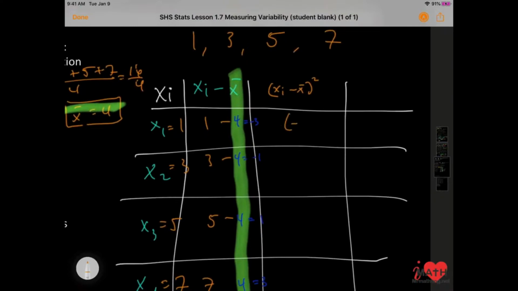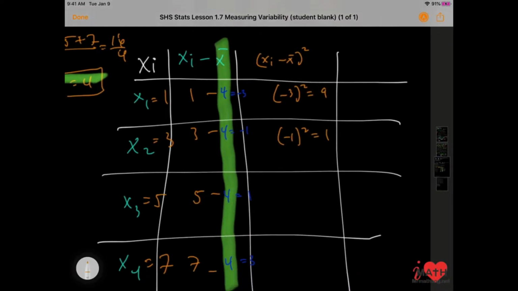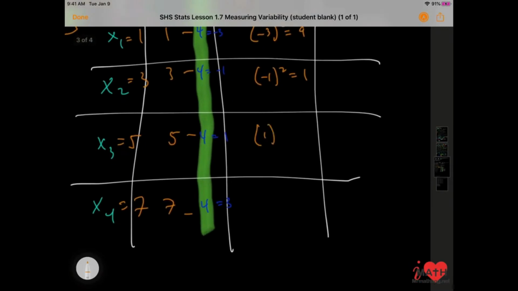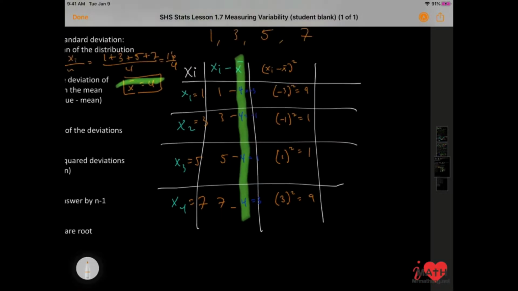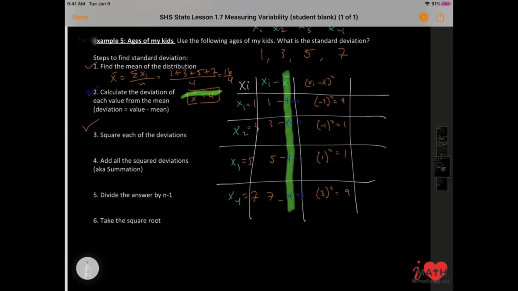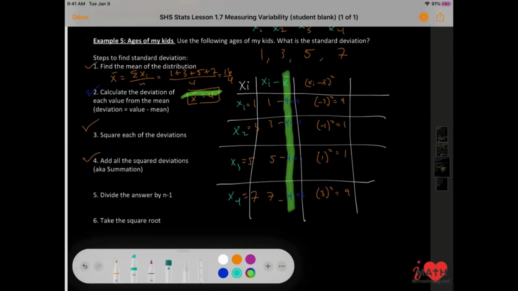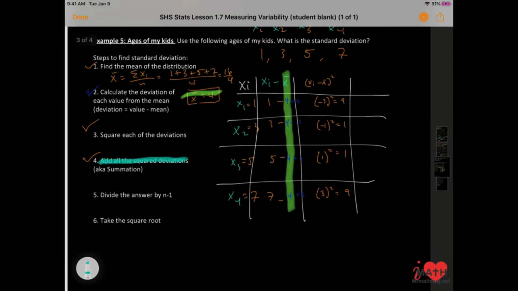So I have negative 3 squared, which is positive 9, negative 1 squared, which is 1, 1 squared, 1 times 1 is 1, and 3 squared is 9. Now it says add up all the deviations. Let's use a highlighter here. Right there, we're adding those all up.